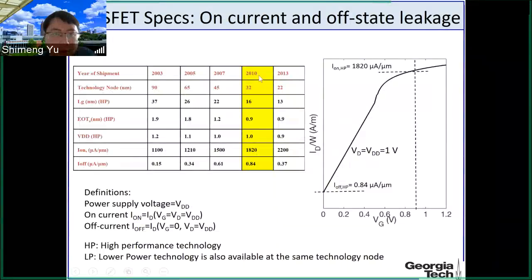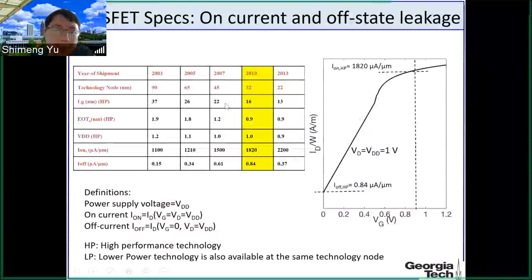So here we show this table, which summarizes the practical parameters in different technology nodes. For example, from 90 nanometer introduced in 2003 to 22 nanometer introduced in 2013. Of course, we didn't show the latest technology node, which we are going to discuss at the very end of the semester, in the last lecture on the advanced technology today.